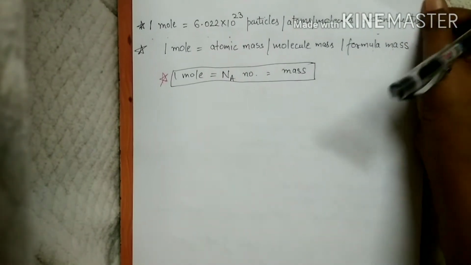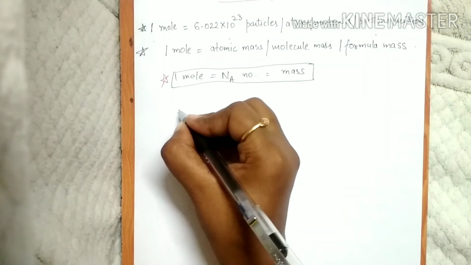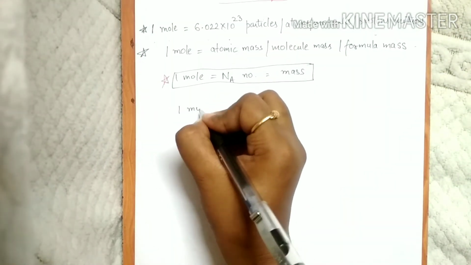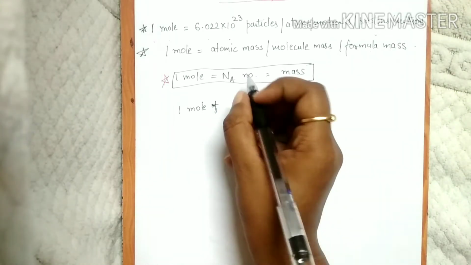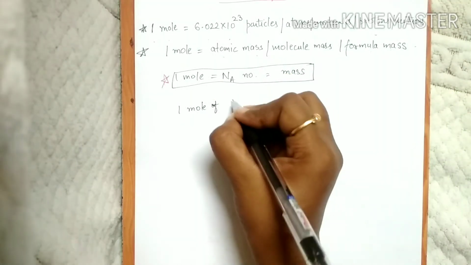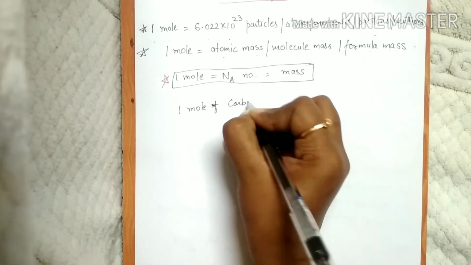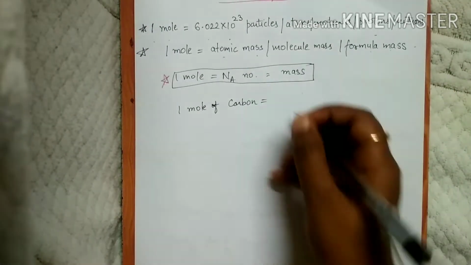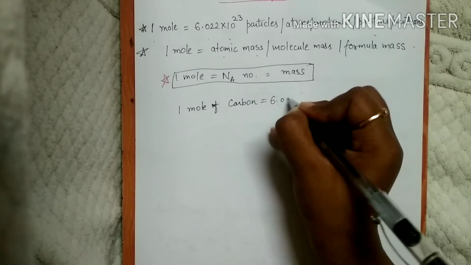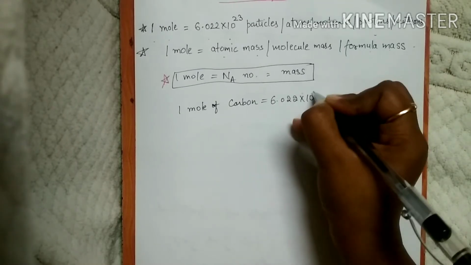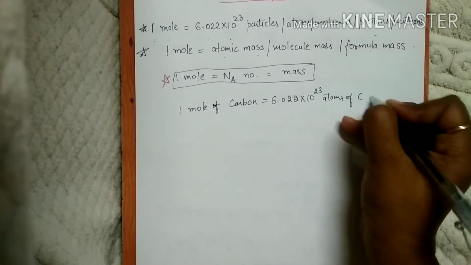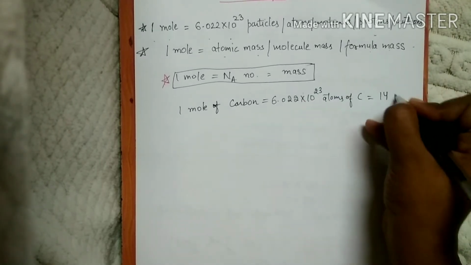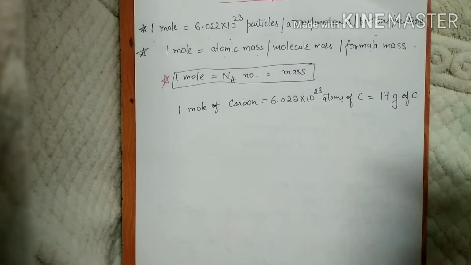So if I'm saying 1 mole of, suppose I'm taking example of an atom, for example carbon, 1 mole of carbon will be equal to 6.022 into 10 raised to power 23 atoms of carbon, and that will be equal to 12 gram of carbon.